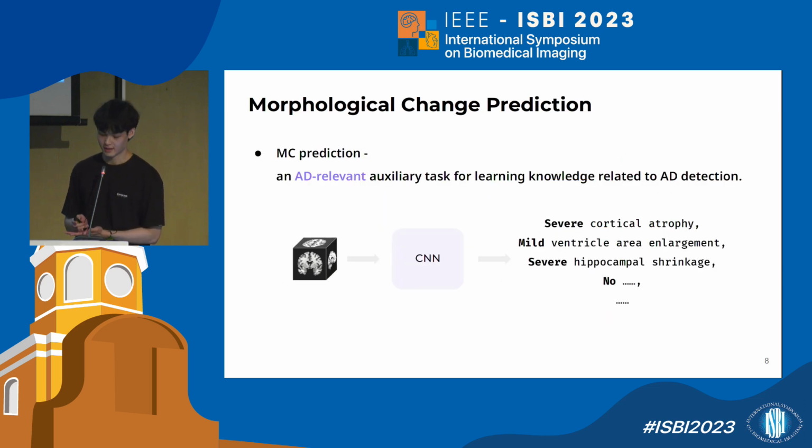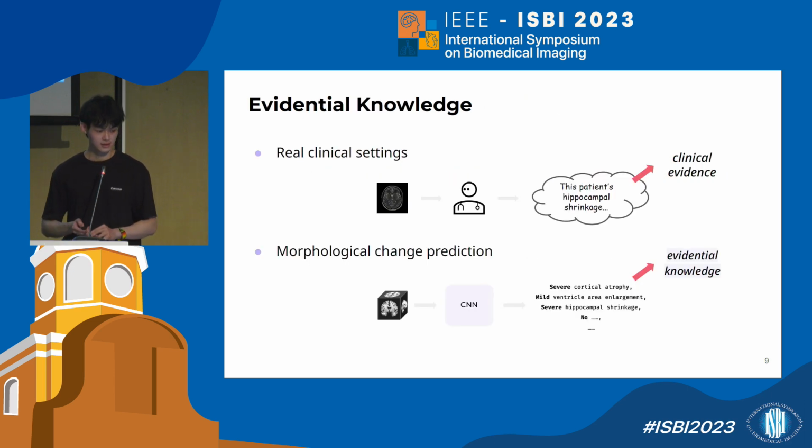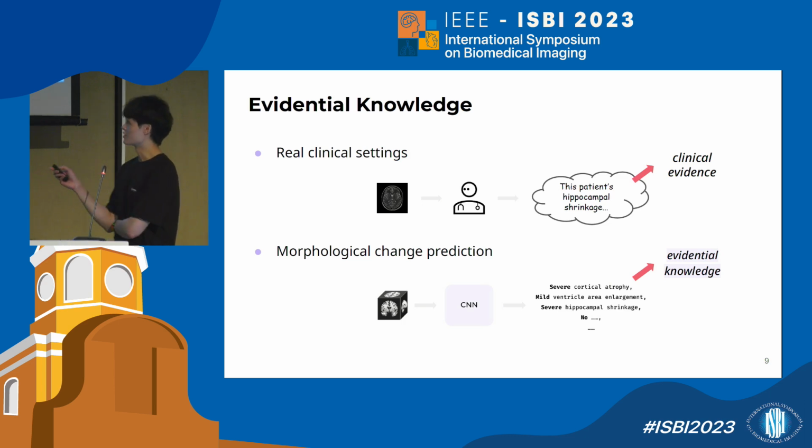Inspired by that, we present an AD-relevant auxiliary task named morphological change prediction, MC prediction, to learn the morphological features of the MRI scan, which is the knowledge that is related to AD. Here we argue that such knowledge is the evidential knowledge for AD detection, as the whole process of MC prediction imitates the real clinical settings where the radiologist reads the MRI scan and finds clinical evidence to support their diagnosis.